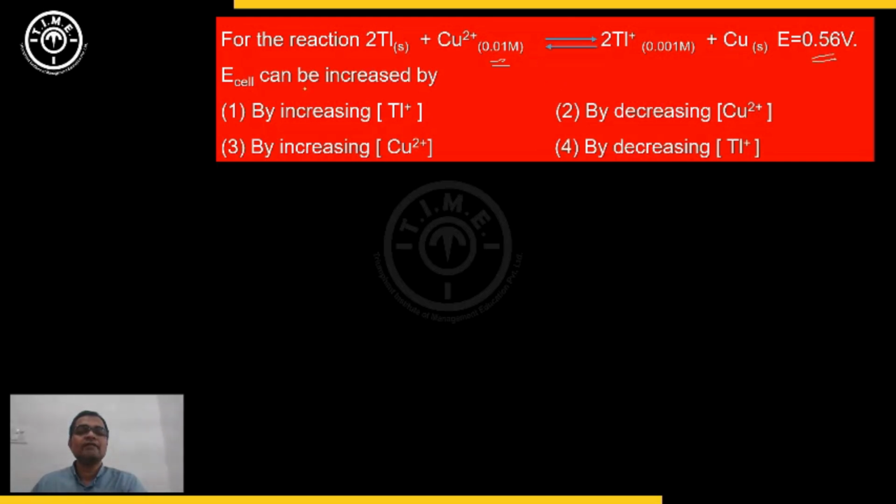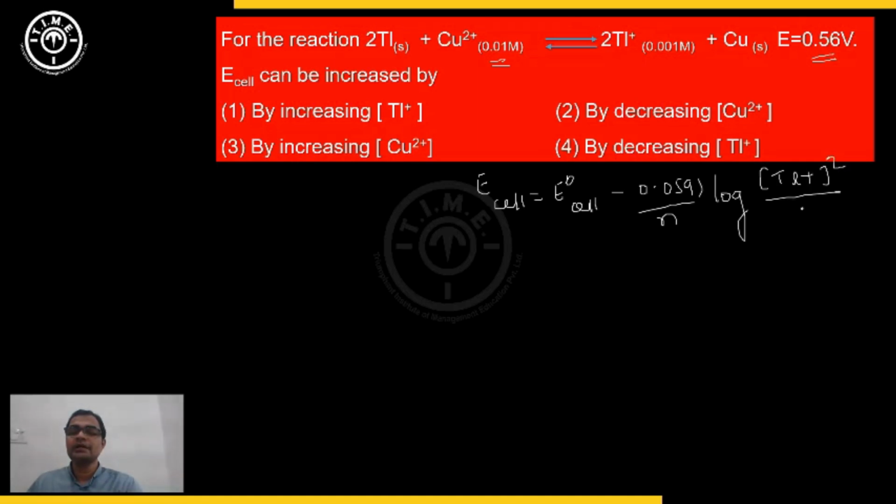When the E cell value increases, a point to remember: E cell is equal to E naught cell minus 0.0591 by number of electrons transferred and log of the product concentration. What are the products here? Thallium plus ion whole square by Cu2+ ion concentration.